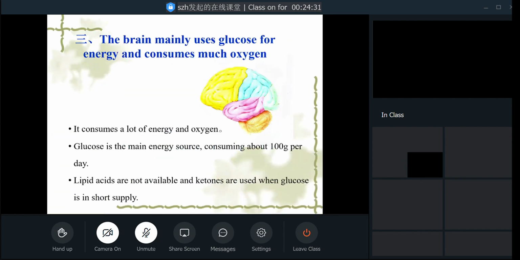Third, the brain. The brain mainly uses glucose for energy. It consumes much energy. If the energy supply is not enough, at that time you may feel less sensitive to all kinds of reactions.